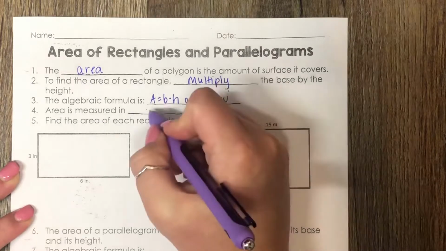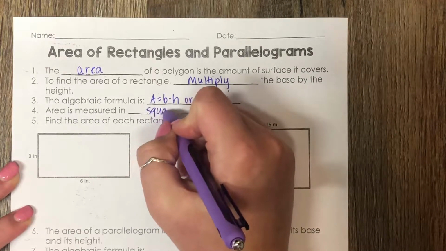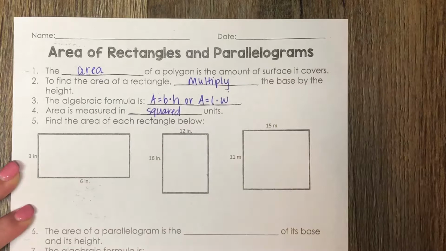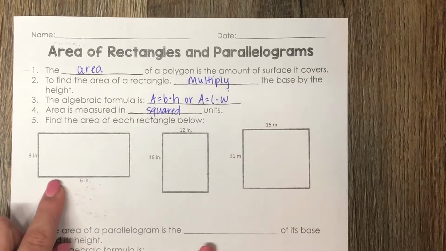Area is measured in squared units, and we'll talk about that here in just a minute. So starting with the first example, the first thing you're always going to do when asked to find the area of any shape is write down the formula.